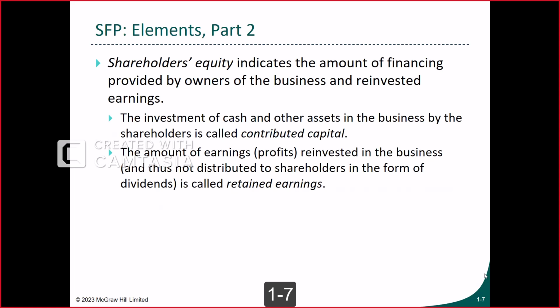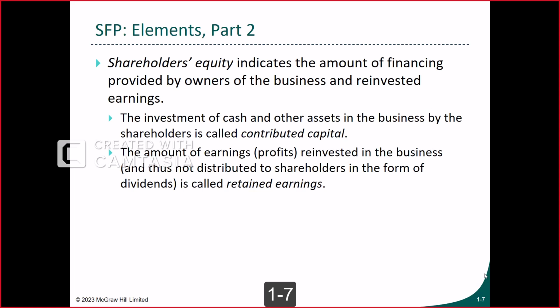So we have the assets from one side, and from the other side, how were those assets financed? Two sources of financing: external financing are the liability, internal financing, which comes from the shareholders and from the company itself, that is the shareholder equity.